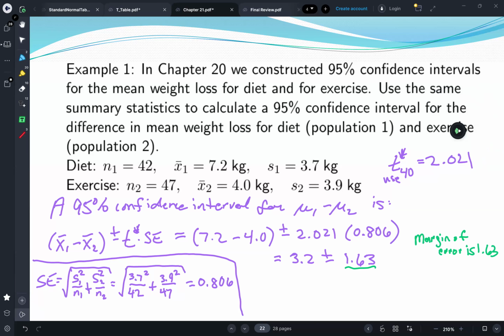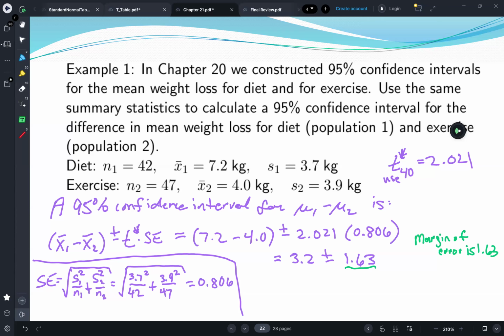The standard error over here is 0.806. So we know the standard error and the margin of error. The margin of error is when you take the standard error and multiply it by our T star. And then our estimate is 3.2 plus or minus 1.63.